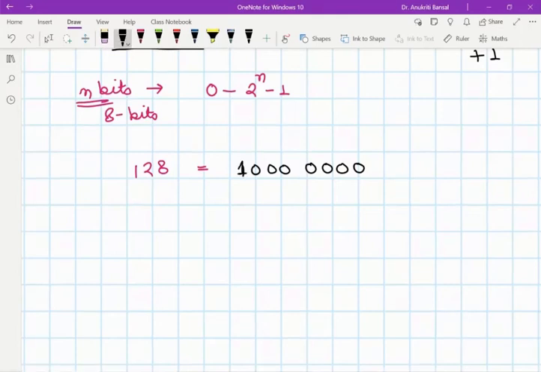Okay. So what will be its ones complement? Can you find its 2's complement? Everyone just find its 2's complement. मैम बट 128 के लिए तो 7 बिट चाहिए ना.